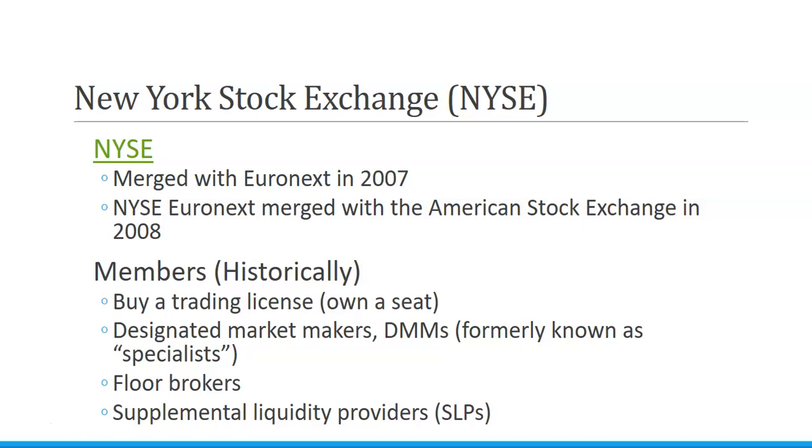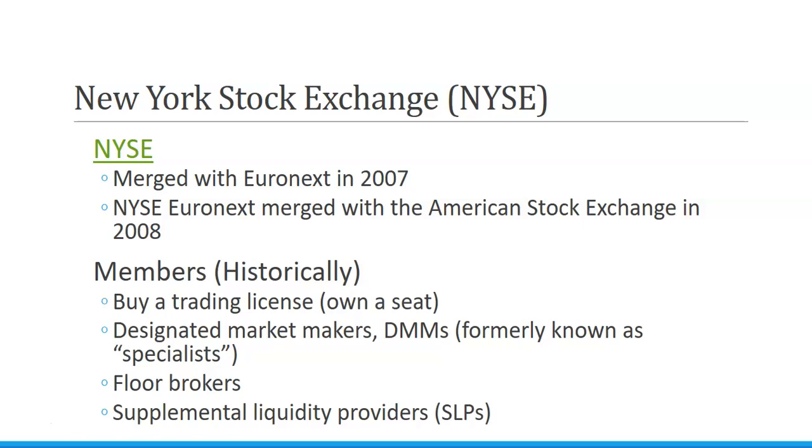These were the members who acted as dealers in particular stocks. They were also known as specialists. And then the floor brokers. The floor brokers are the ones bringing the sellers to the dealers in order to make sure that transactions happen. So this is all historical information.